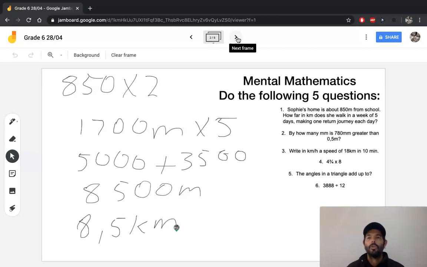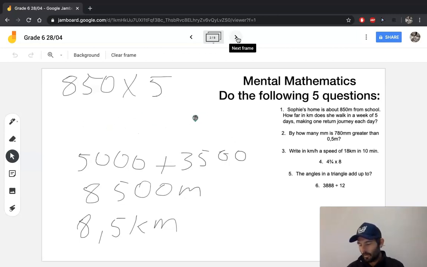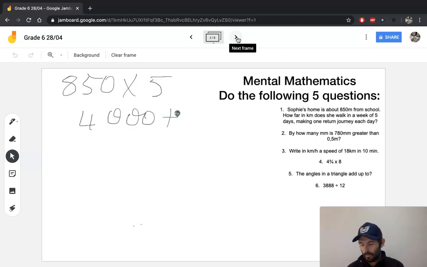Okay, you could have also said 850 multiplied by 5 first, and then doubled it. That would have given you the same answer. So if you had said 850 multiplied by 5, then I would have said 800 times 5 is 4,000, plus 5 times 50 is 250, so that equals 4,250.